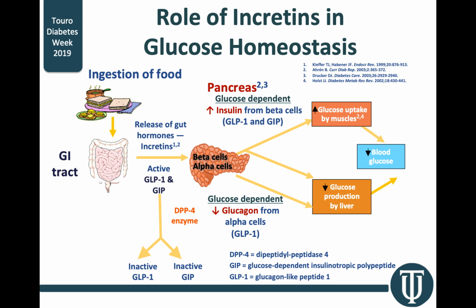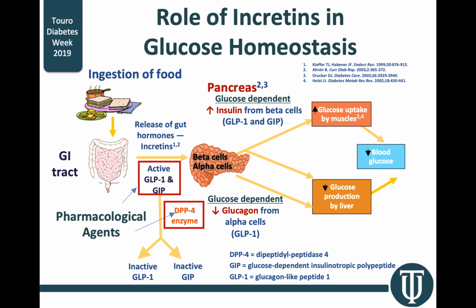So we eat something, and the food gets into our GI tract. Then in the GI tract, some proteins or peptides are produced. They are GLP-1 and also GIP. GLP-1 stands for glucagon-like peptide 1, and GIP stands for glucose-dependent insulinotropic peptide.